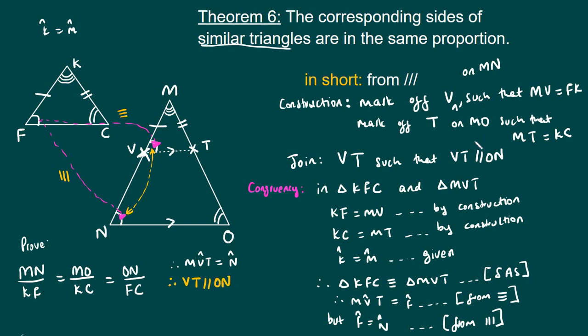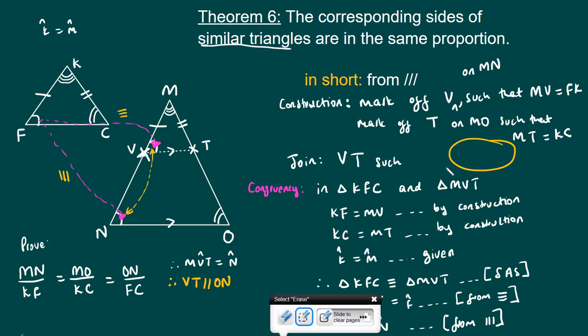Oh my goodness, that's very clumsy of me. Okay, guys, please, this one you just join VT. Do not put it as such that they are parallel, because if you do that, you are going to lose yourself some marks.